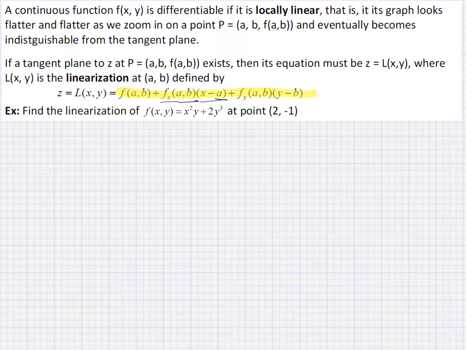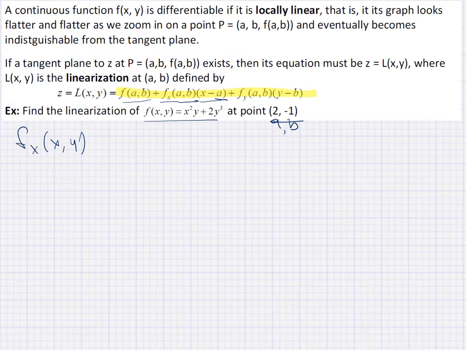So if I said, all right, let's find the linearization for this function here at this point, what are we doing? We are applying these pieces here. This is a, b. We need to find f of x and f of y.